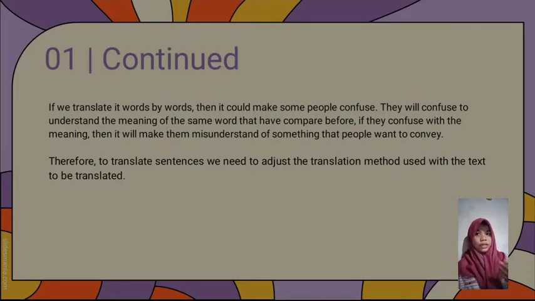Therefore, to translate a sentence, we need to adjust the method that we use to translate the text, depending on the text itself. We need to watch carefully which method is good to translate the sentence with.